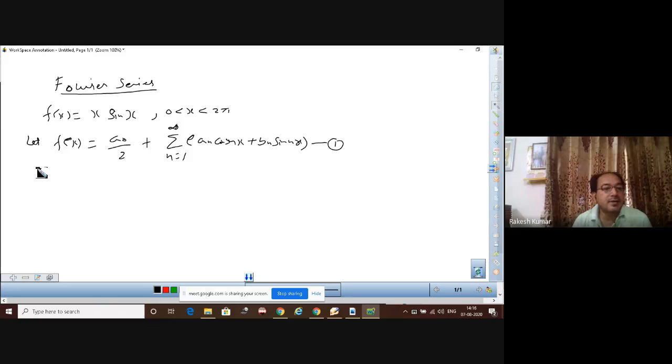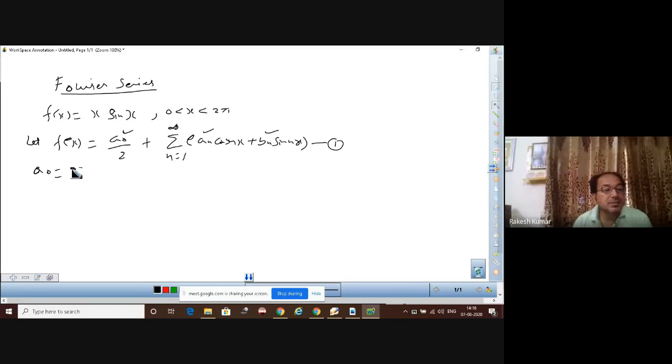We shall find the Euler constants a0, an and bn. These are the Euler constants which we need to find out. After finding these Euler constants, we will substitute the values of a0, an and bn in equation number 1, and I'll get the final Fourier series.